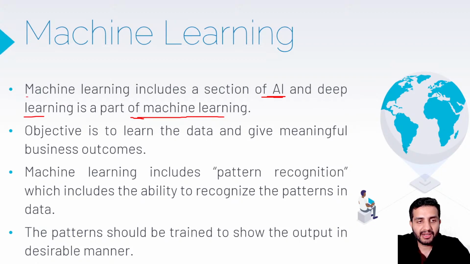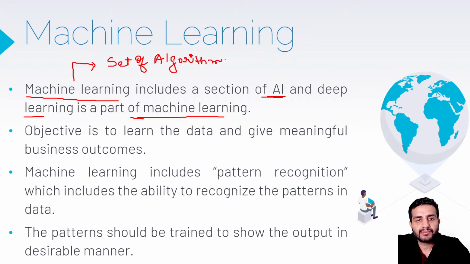So when I say machine learning, technically it means a certain set of algorithms. When I say set of algorithms, guys, again try to understand. Let's go back to our same discussion. I'm trying to make a machine learn to identify whether the person is having cancer or not. So how does the machine identify that? In the background, there is some sort of mathematical calculation, some sort of pattern identification happening.